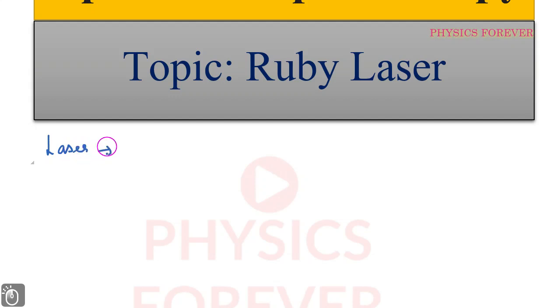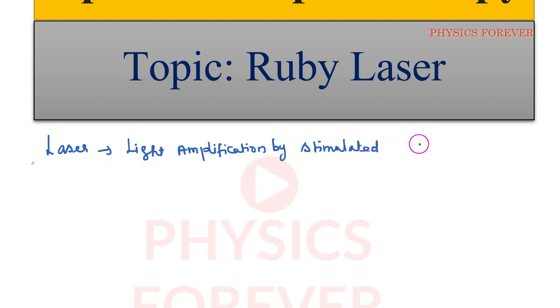So already we have discussed what is meant by a laser: light amplification by stimulated emission of radiation. Most important word, stimulated. Okay. Then what are the characteristics of laser?